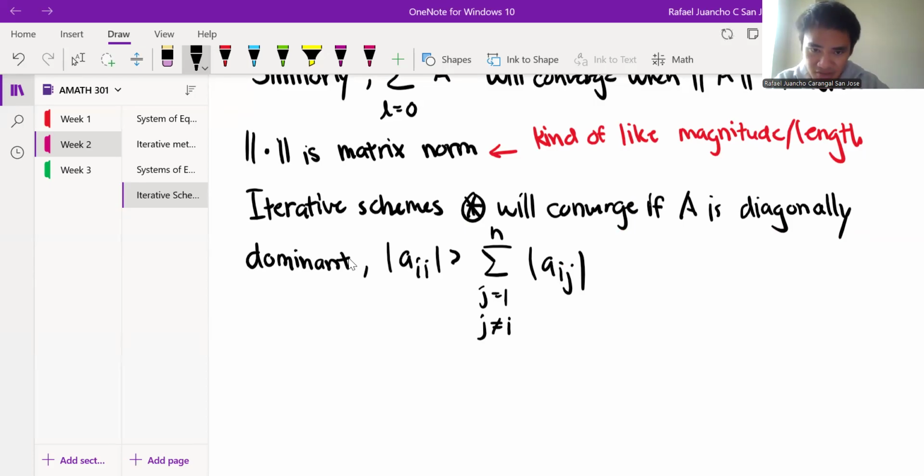From there, we can determine that we'll be able to solve a system of linear equations using this if the matrix is diagonally dominant.